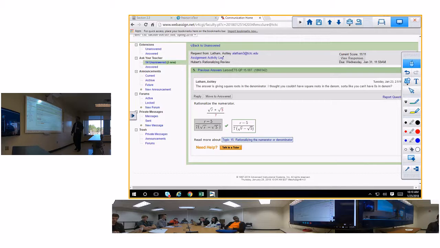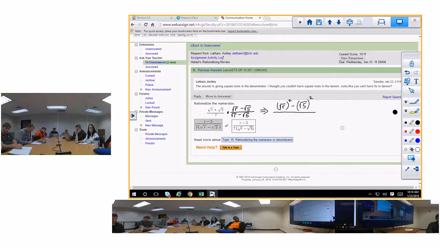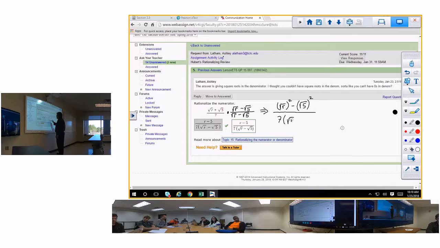Okay, so I'm going to take my handy dandy virtual pen and multiply by the square root of r minus the square root of 5 over the square root of r minus the square root of 5. And that's going to give me the square root of r, by shortcut 3, squared, minus the square root of 5, quantity squared, over 7 times the square root of r minus the square root of 5.